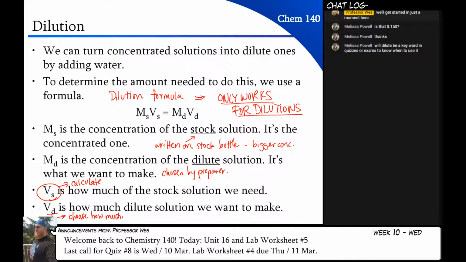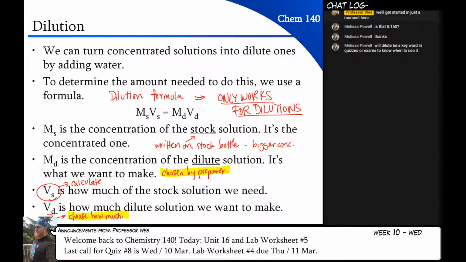So, generally speaking, the D side of the equation, you get to pick. I want this molarity, and I want this much of it. And then since the molarity on the stock bottle is written there, you calculate the last thing, which is how much of the stock bottle should you use.